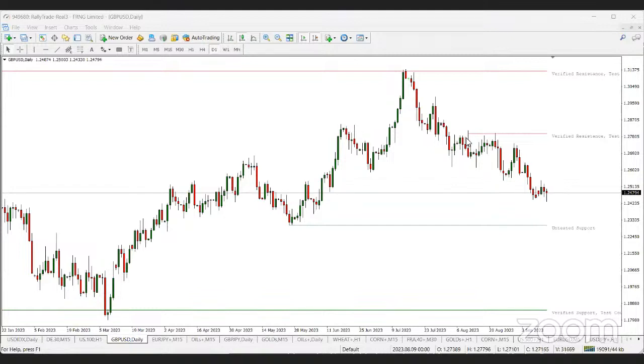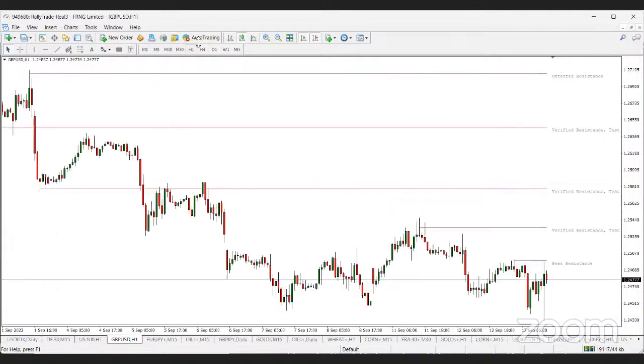Now, when you see that this instrument is on a downtrend on the daily time frame, what is the best thing to do? I've repeated this so many times, and I keep repeating it so that it sinks in. If you can tell that this instrument is on a downtrend, the best thing to do is to enter sell positions on resistance.